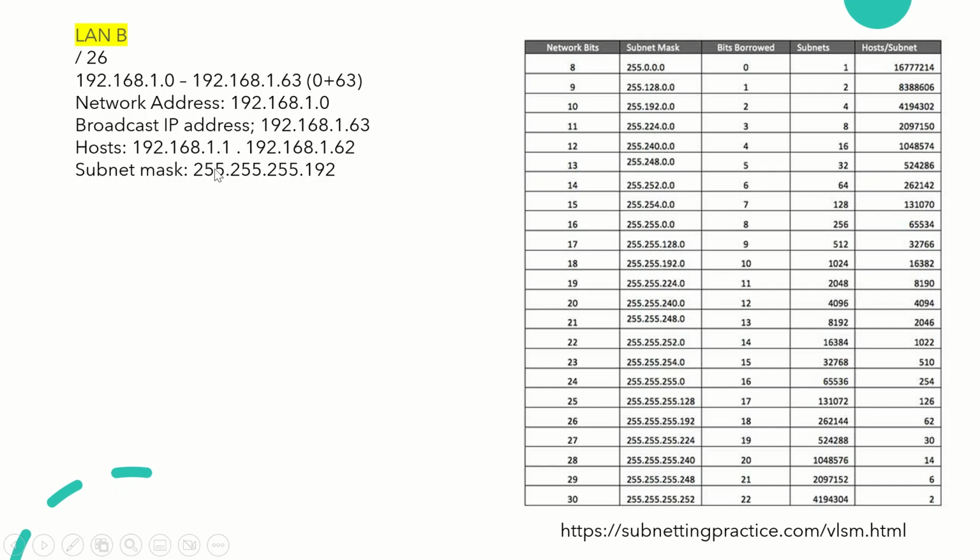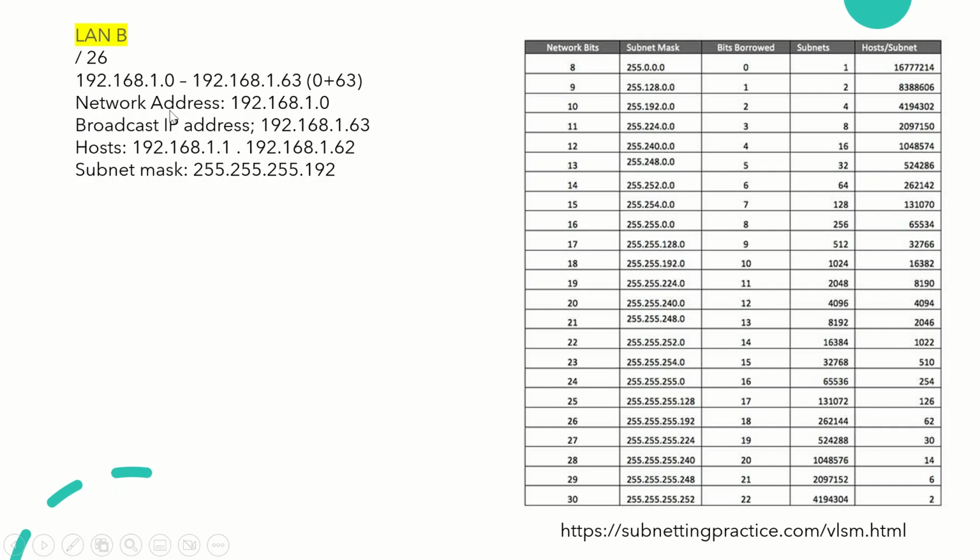You can see the subnet mask for /26 is here. And you have 62 hosts and 64 IP addresses. And it means, as you can remember, you should use 192.168.1.0 plus 63, and we have 64 IP addresses here.